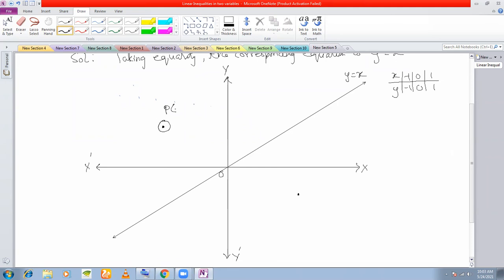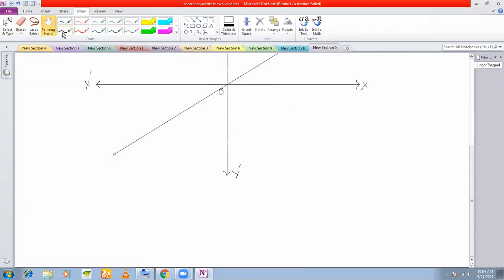Let us take this point as, let us say, (-2, 1). You can take (-3, 1) also, right? You can take (-4, -1) also. Any point you can take on this side. So you take this point and now you check.